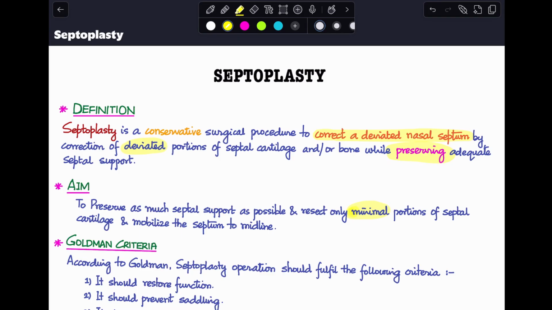Here we take care so as not to remove most of the septal cartilage, because you'll see that SMR ends up having way more complications as compared to septoplasty, because in SMR there's a radical excision of the septal cartilage instead of removing only the deviated parts. So, septoplasty, our aim here is to preserve the septal support as much as you can maintain and resect only the deviated portions and mobilize the septum to the midline.